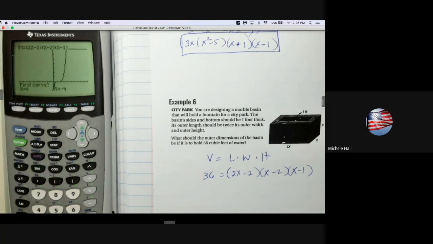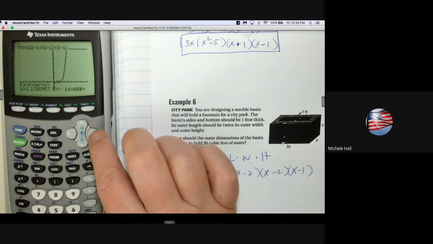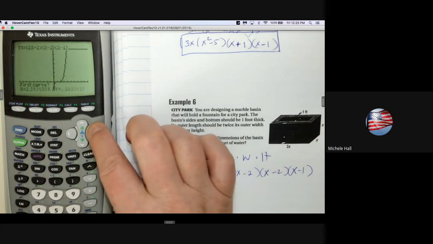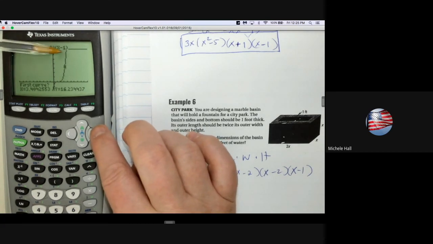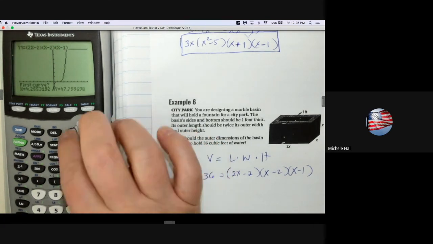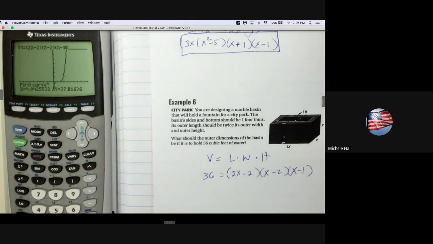It's asking you, are you on your first curve? Nope, I'm going to move my cursor. Here's my cursor. Moving up, blinking, and I'm going to have it land right here where I think it's intersecting. And right there. So it's intersecting right there. It's saying, okay, first curve, is this your first curve in y1?